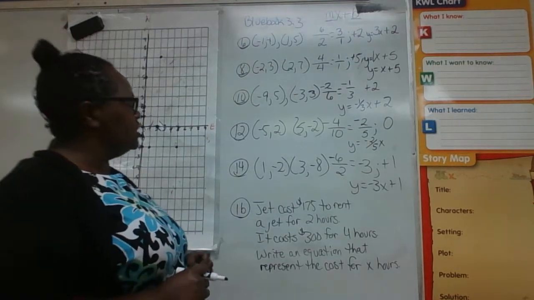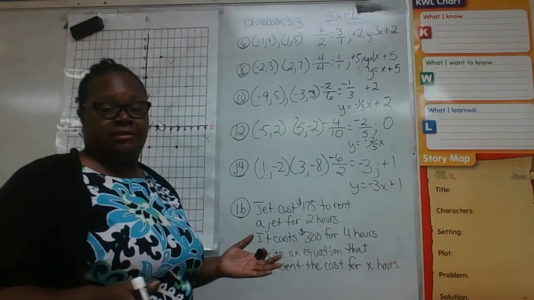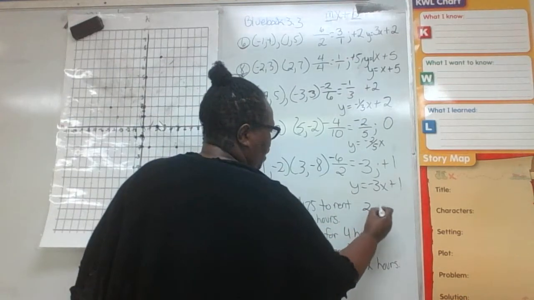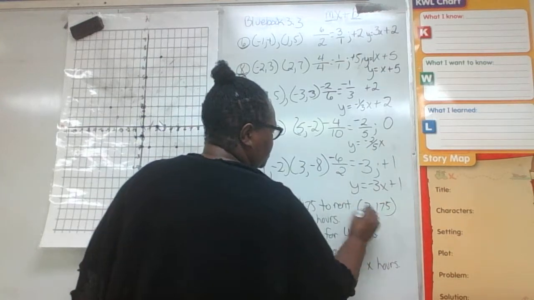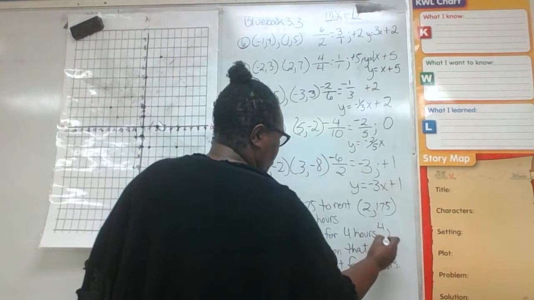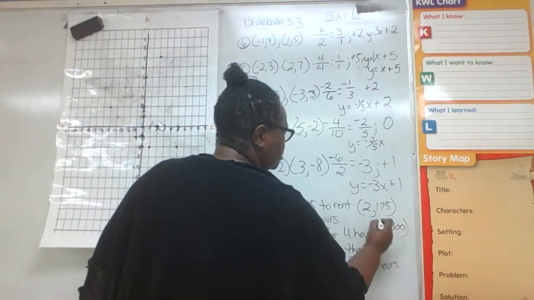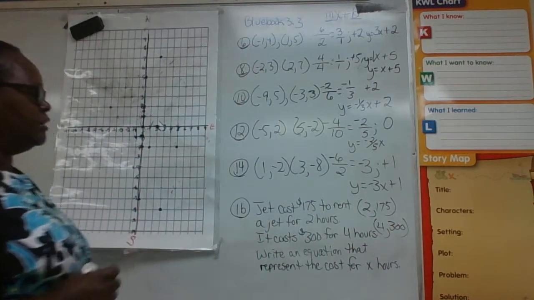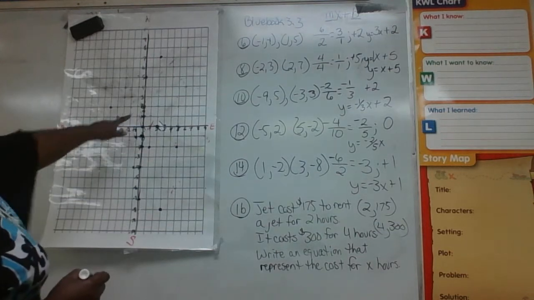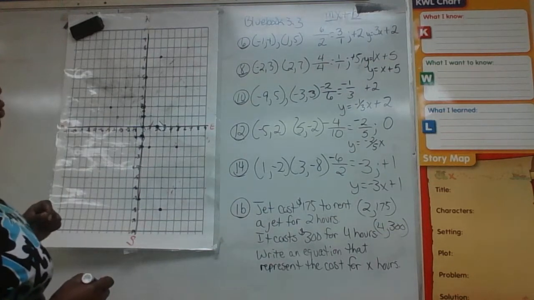Now, what they're actually giving you here are 2 coordinates. For 2 hours, which is x, y is 175. For 4 hours, x, y is 300. Those are the 2 coordinates, okay? So let's see if we can put our y into 25s.